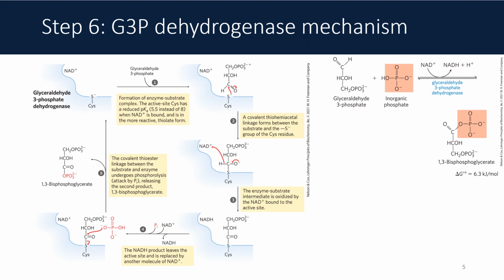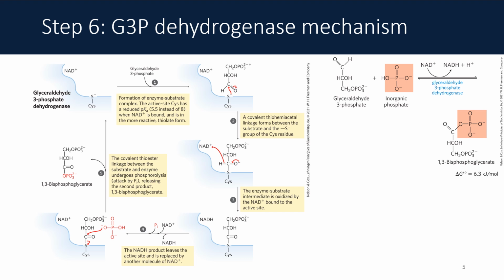By examining the mechanism for G3P dehydrogenase, we can appreciate how we're about to pull off this rather difficult phosphorylation without the help of ATP hydrolysis. And the hack for doing so occurs pretty early on in the mechanistic cycle. But let's start at the beginning.